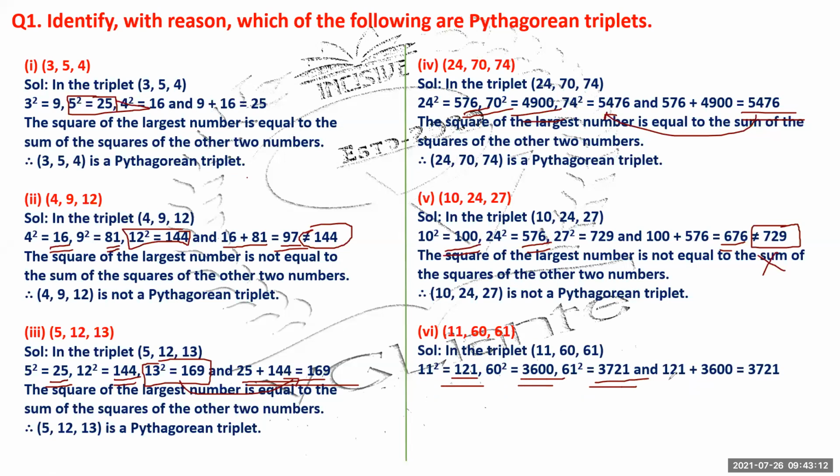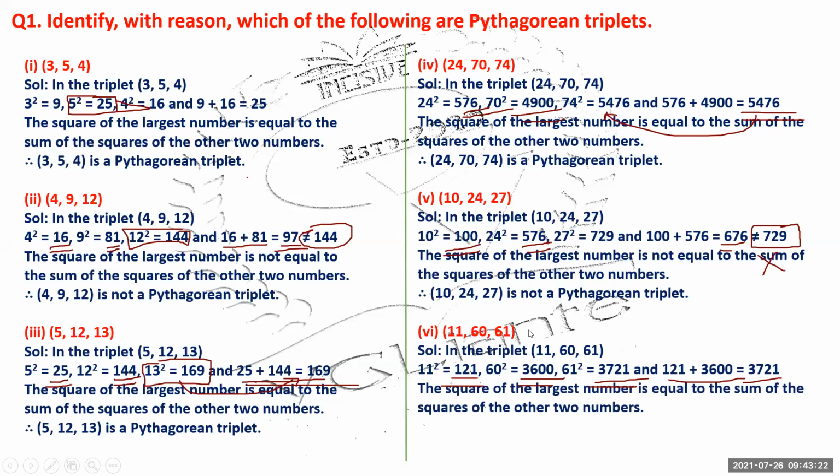So you will add 121 plus 3600. So that is 3721. Understand? So therefore 11, 60, and 61 are a Pythagorean triplet.